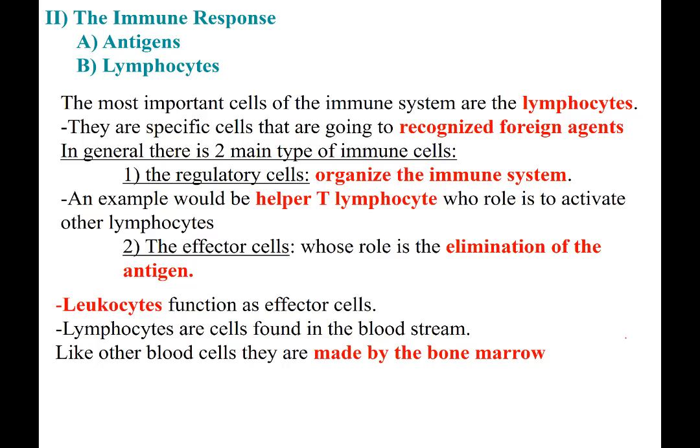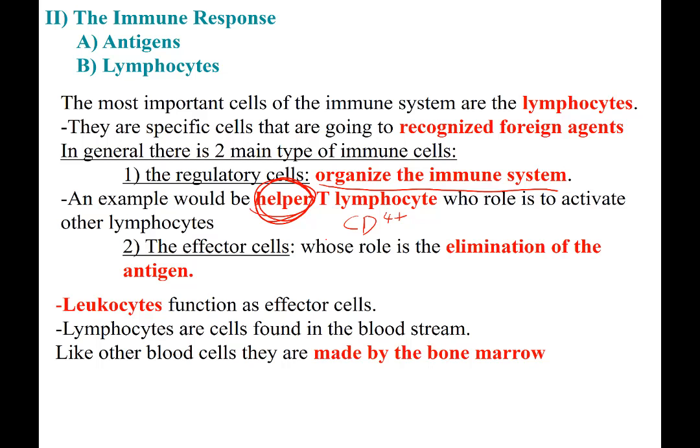And in that case, because we said that we need to have a recognition system, it's also where you have two different types of cells. You have regulatory cells, the ones that are able to organize the system, and we call them helper T cells, CD4 plus cells. I'm mentioning that now because we will talk about the CD cells later, CD4 helper cells.